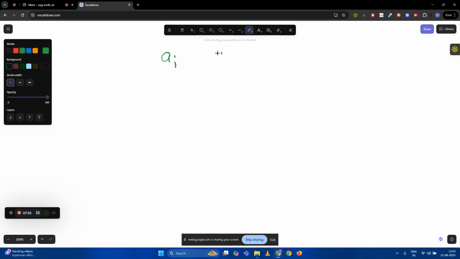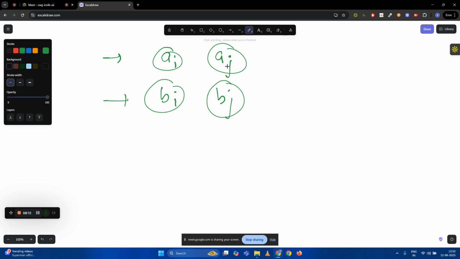Suppose Ai and Aj, Bi and Bj. Suppose you are having an array of A and an array of B. Suppose these two are the largest and these two are the smallest. Actually, let's forget about smallest and largest.